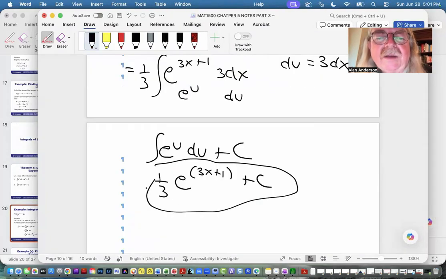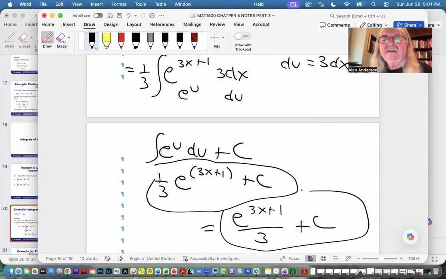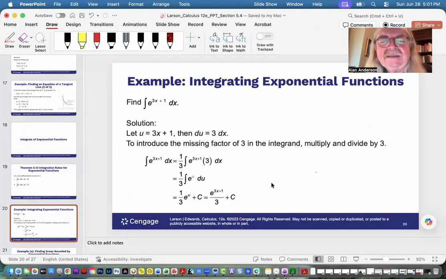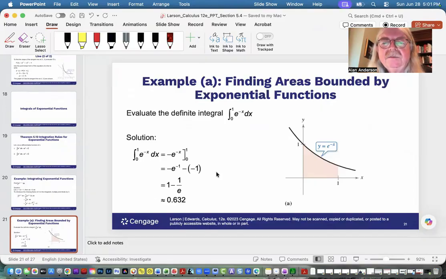Okay. Or they wrote it like this. It's the same thing. All right, good. How about this one? All right, now this is a definite integral.